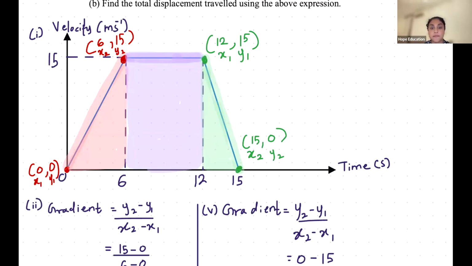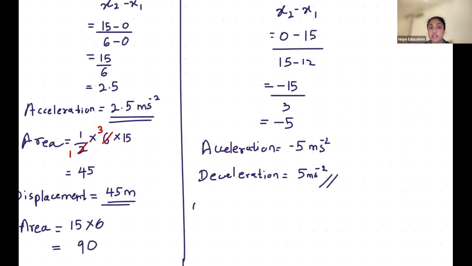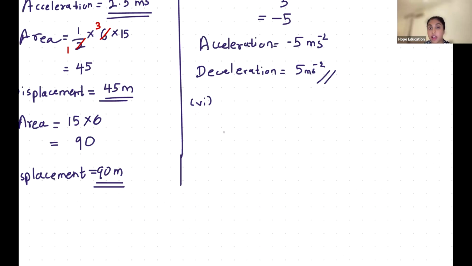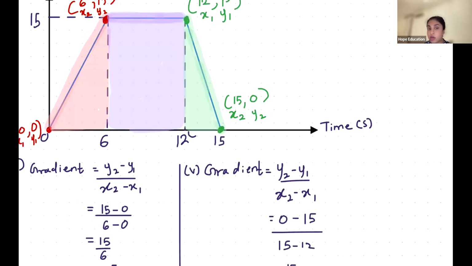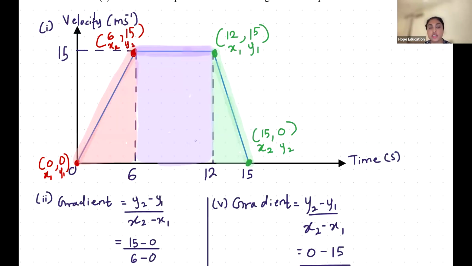Here now, Roman number 6. Area, this is a triangle. So how do we find area? Half into base. Here the base is from 12 to 15, the gap is 3. So the base is 3. Perpendicular height is 15.